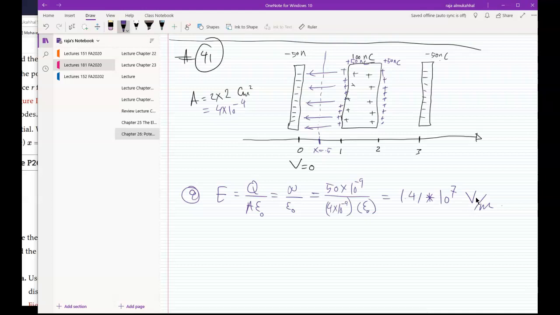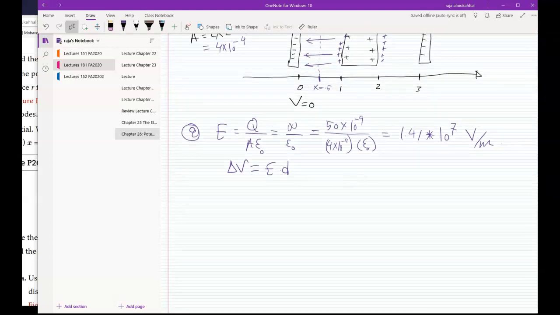Now, he says, what is the voltage? Well, if you remember, delta V is equal to E D. What is D here? D is measured from 0 to x equals half. So that's going to be 1.41 times 10 to the 7 times 0.5 times 10 to the negative 2.